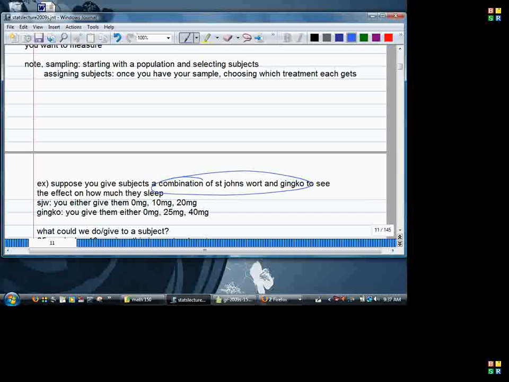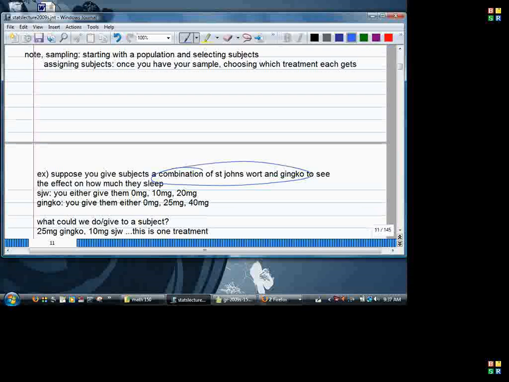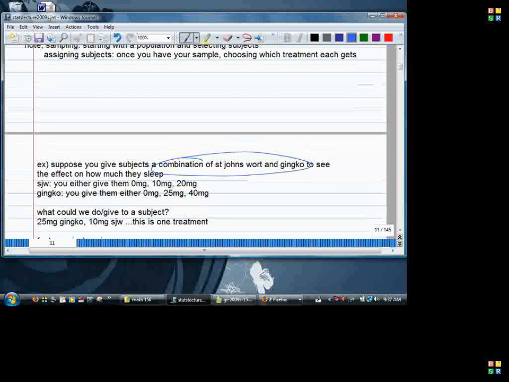So how many different treatments are possible?